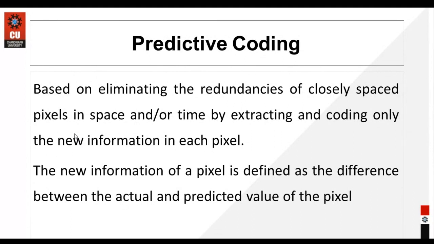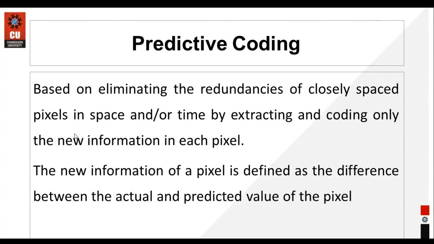Okay, so the word predictive basically means I am trying to predict the value of my pixel based upon the previous 5 to 6 pixel values. That is, I am predicting the value of the pixel that will come depending upon its neighborhood or its previous samples.